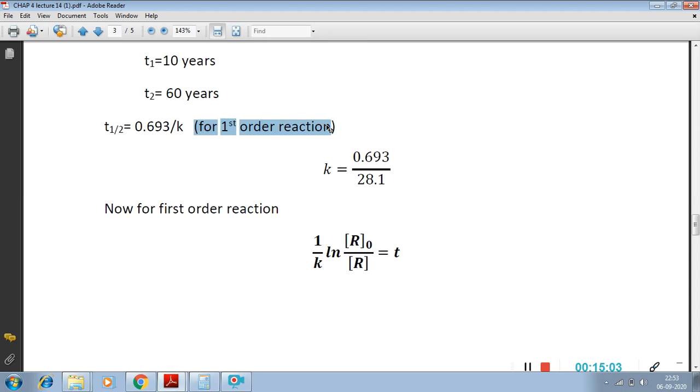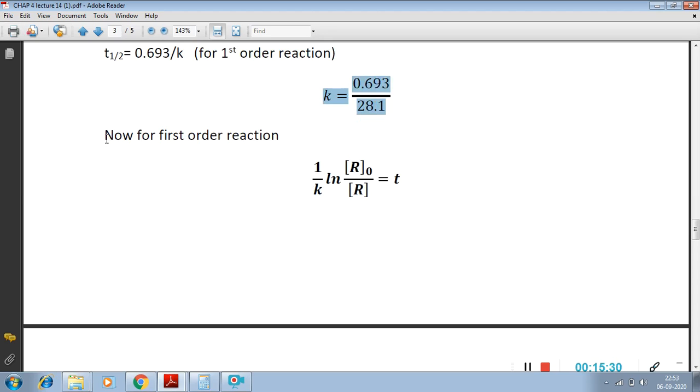Every radioactive decay reaction is a first order reaction, you have to remember that. So for first order reaction, T1/2 equation is 0.693 divided by K. Now we have T1/2 here, so we can find the K value. So K value will be 0.693 divided by 28.1 here.